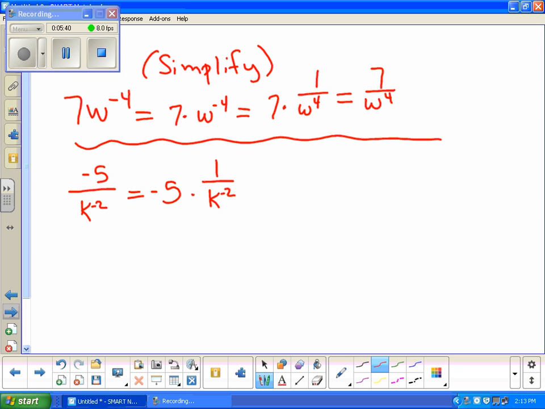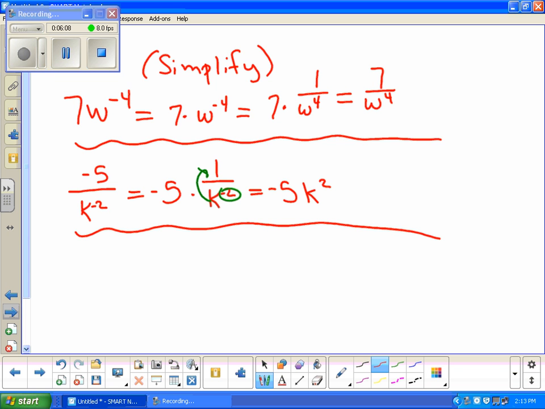So the reciprocal of 1 over k to the negative 2 is equal to k squared. When your negative exponent is in the denominator, you're going to make it rise to the numerator. So the k to the 2nd power goes to the numerator, and our answer is just negative 5k squared.